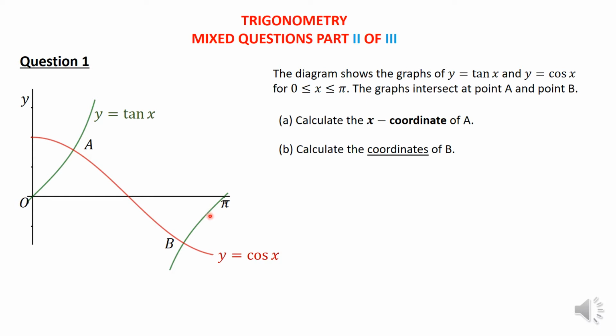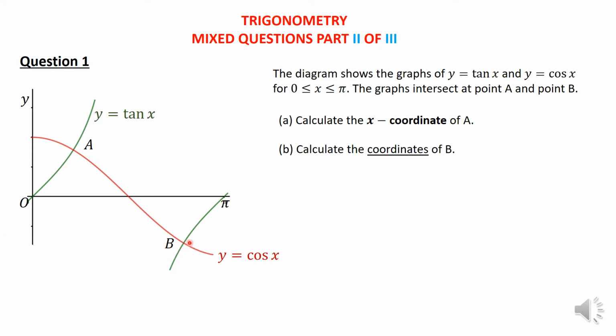So if you were to go and work this question, you need to make sure that your calculator is in radian mode because the domain is in radians. The first part, they're asking you to calculate the x coordinate of A, so we're just looking for the x coordinate there. The second part, they will ask you to calculate the coordinates of B. That means you give the x, that angle there, as well as this distance, or whatever that ratio would be.